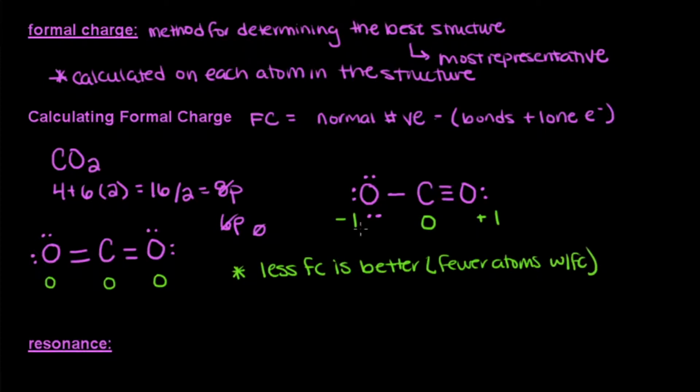The fewer atoms in your structure that have formal charge, the better. So then that answers our question. We don't even need any more rules, although there are more rules. Which of these is a better diagram? The one with no formal charge. This double bond option is the more representative molecule of carbon dioxide, or drawing of the carbon dioxide molecule.